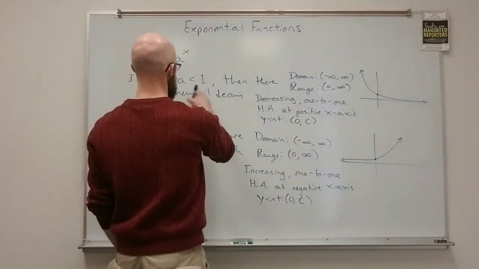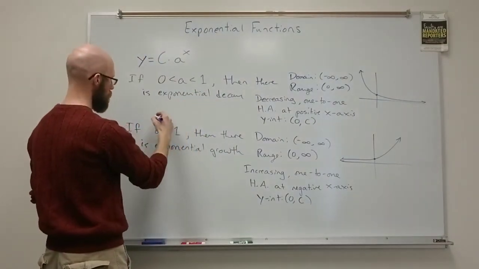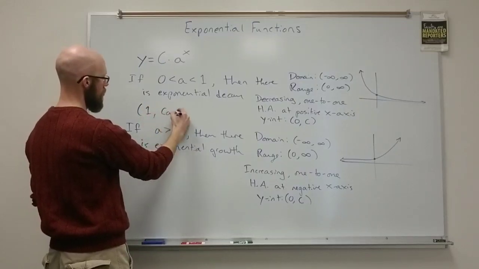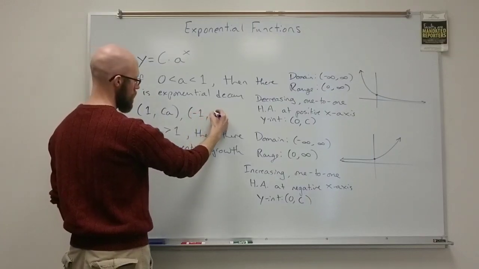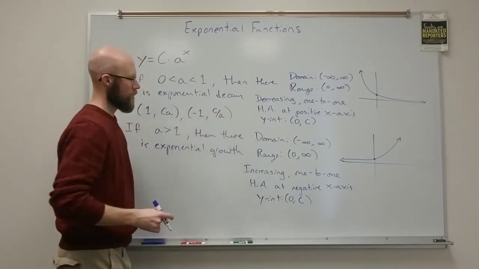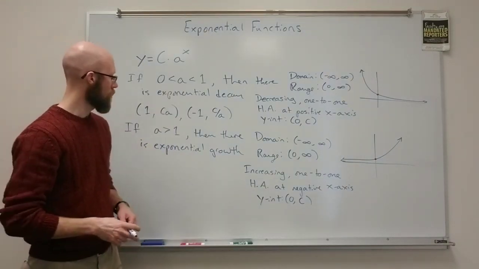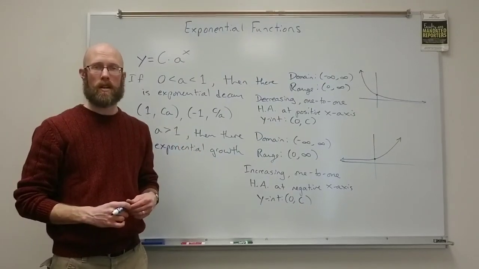So on here you would have, well, I guess in both of them, the points 1, comma ca is on the graph, and -1, comma c over a is on the graph. Okay, so that's true for both of these. So just a couple other little features that are interesting.